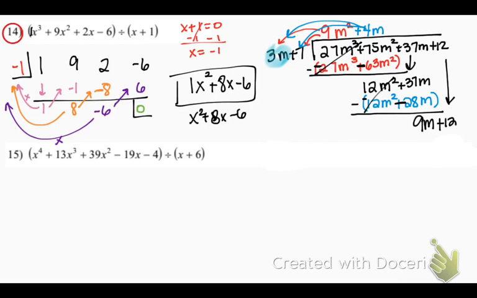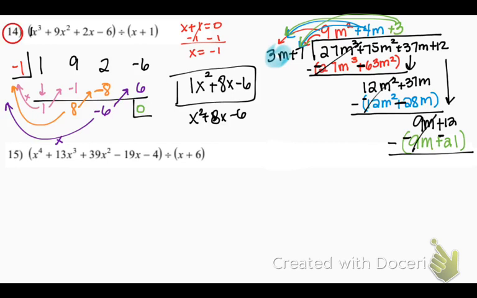And finally, we're going to repeat this one last time. It looks like this will be the last one. So 3m times what is 9m? Okay, 3m times 3 is 9m. So I'm going to bring down a 9m. And then 3 times 7 is 21. Now if I subtract, 9m minus 9m is 0.